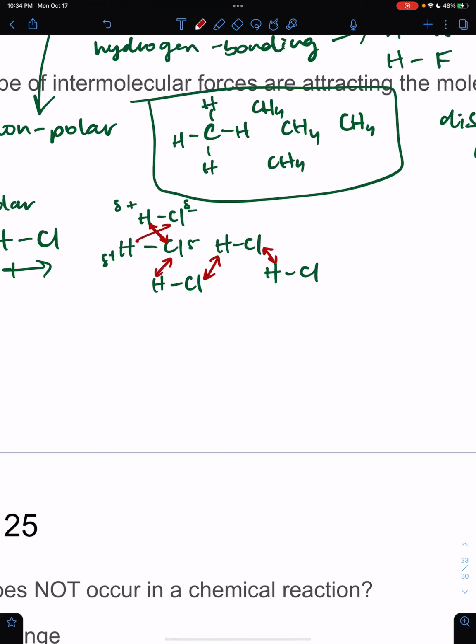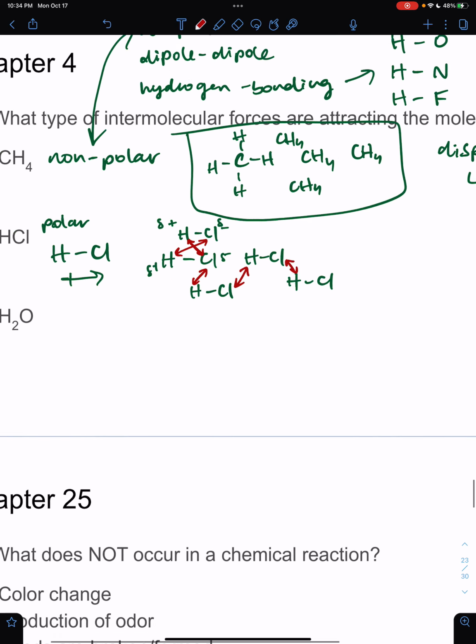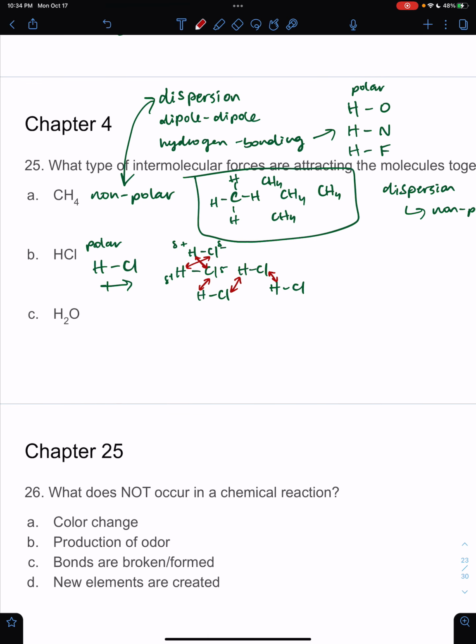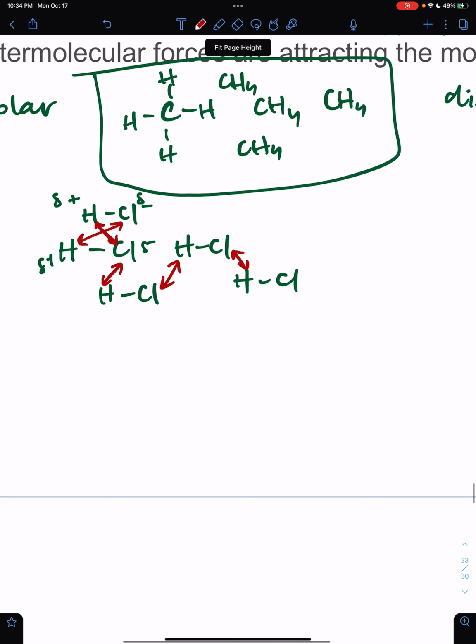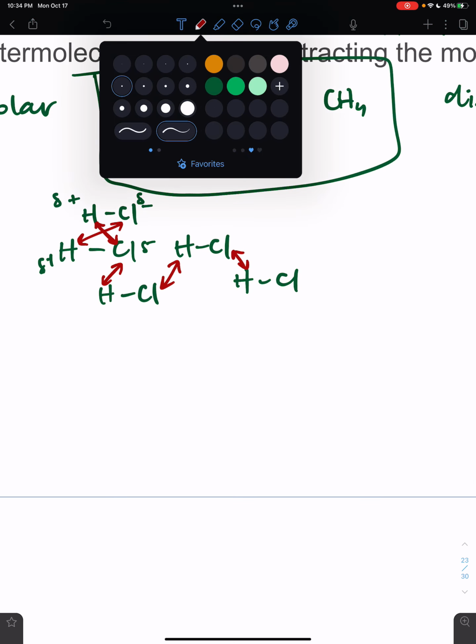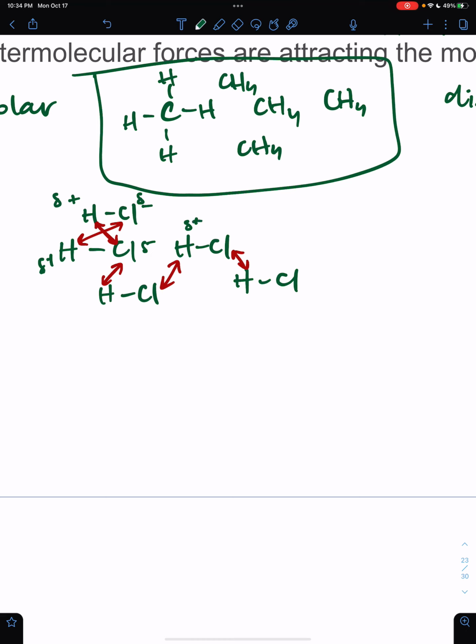Because the electron density is being pulled towards the chlorine, it is going to be slightly more negative than the hydrogen. So the partially positive hydrogen of one molecule is going to be attracted to the partially negative chlorine of another molecule.